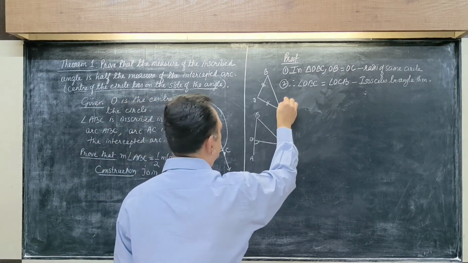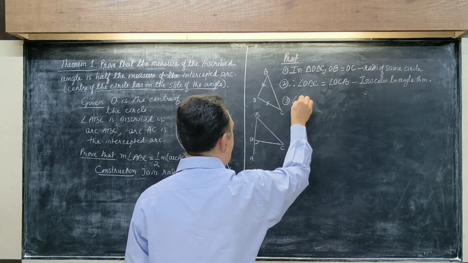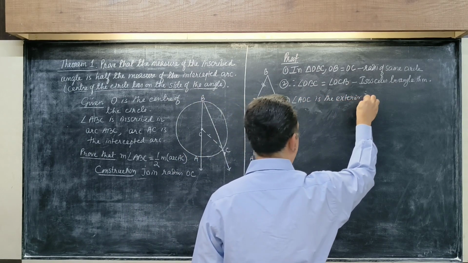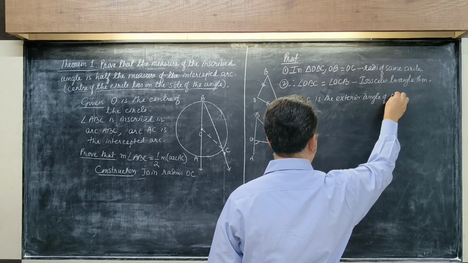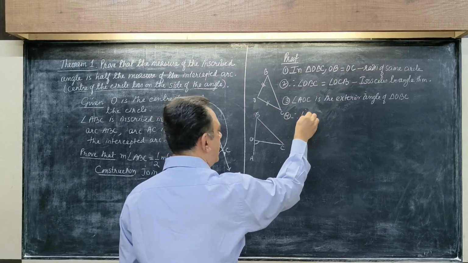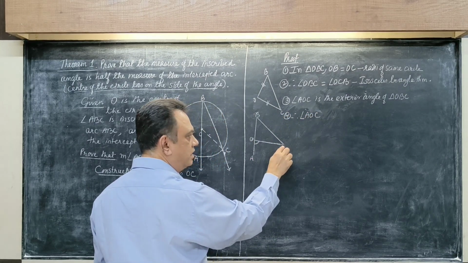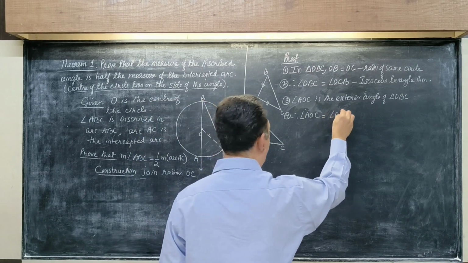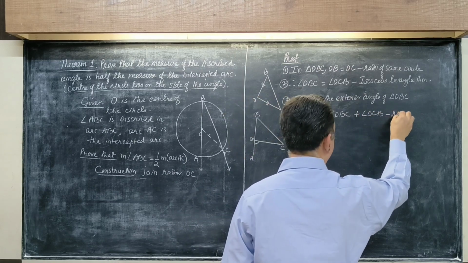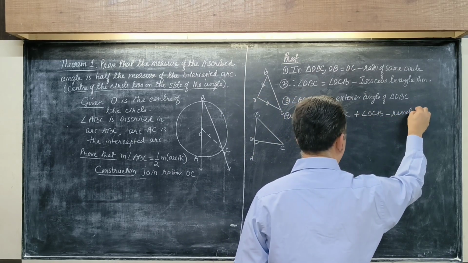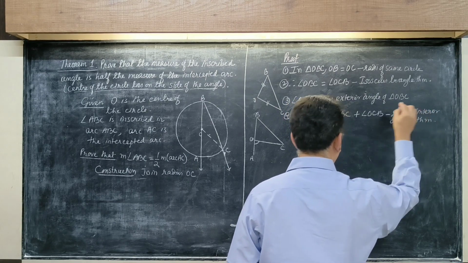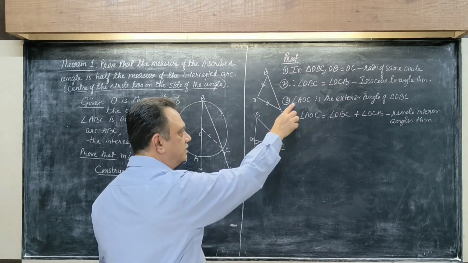Now, third step: angle AOC is the exterior angle of triangle OBC. Therefore, angle AOC is equal to angle OBC plus angle OCB, that is by remote interior angles theorem.